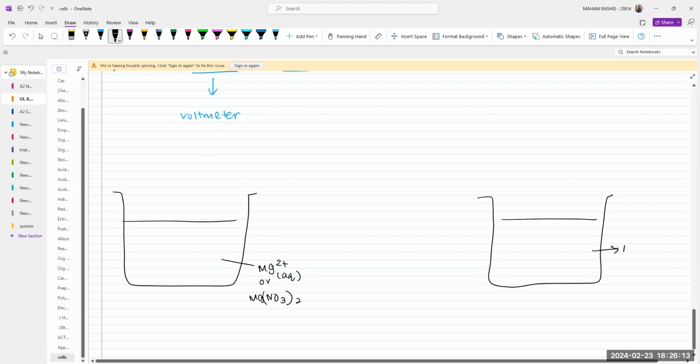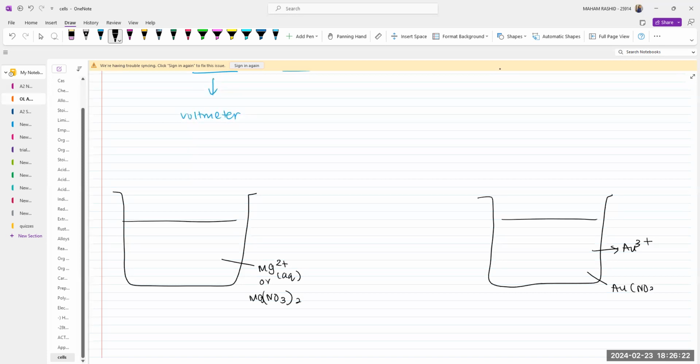And in another one, I have gold ions or gold nitrate. These are my electrodes. This is my voltmeter.